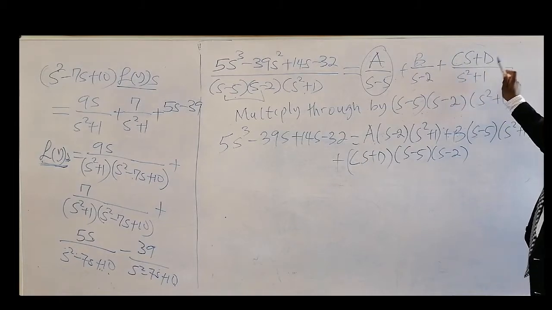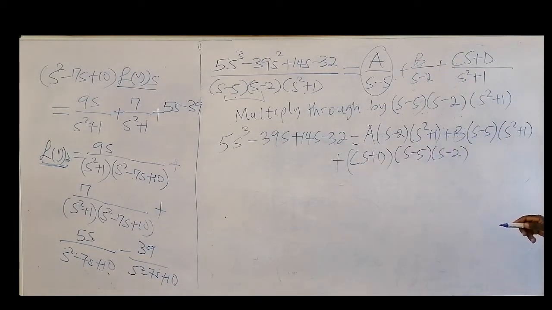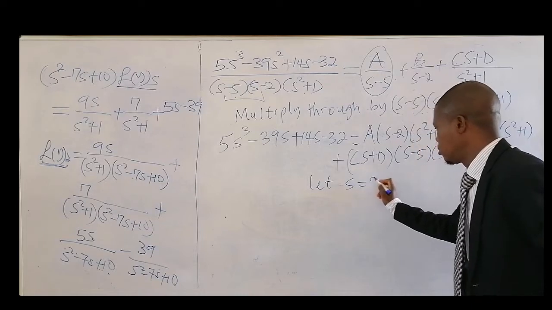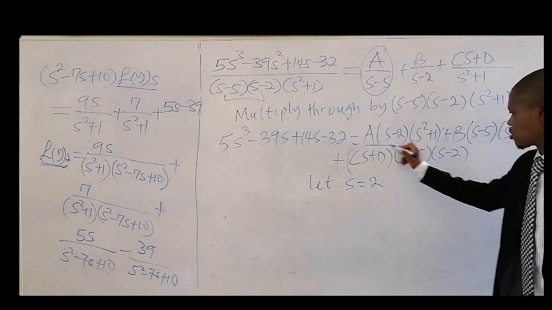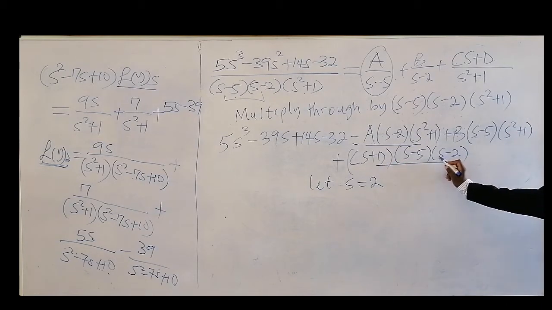B, C, and D. So based on the expression we have here now, what we'll do is use substitution. Okay, we can make s to be 2. If we do that, this expression we cancel, this expression we cancel, that is 2 minus 2.